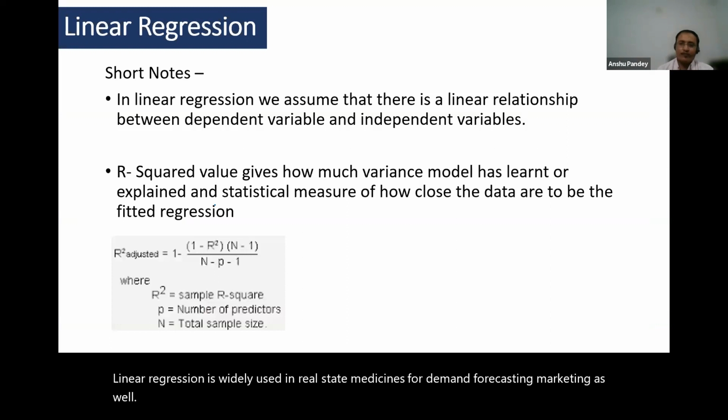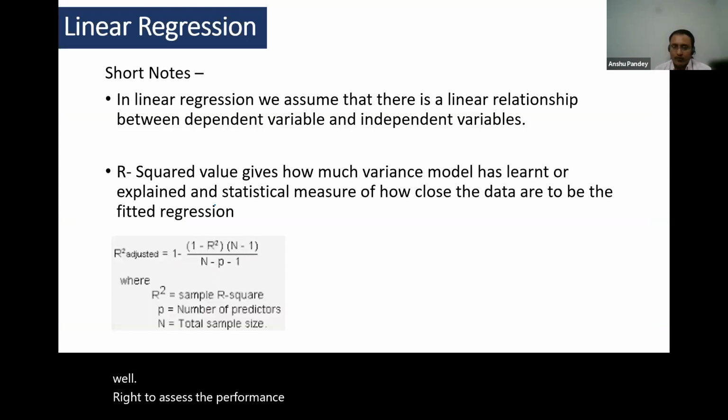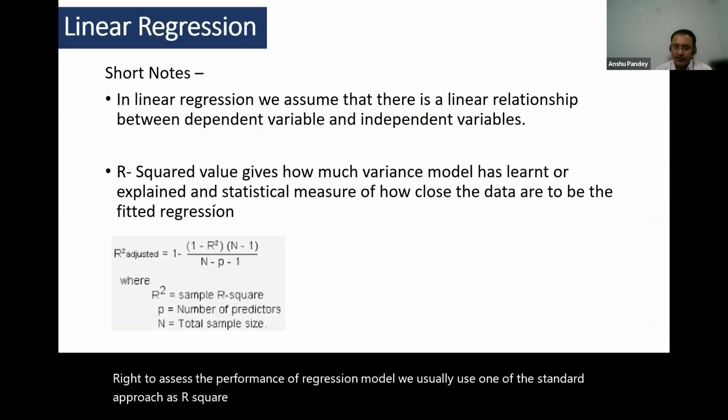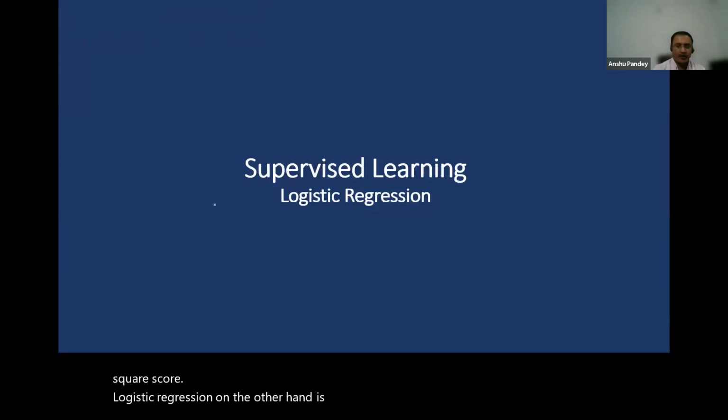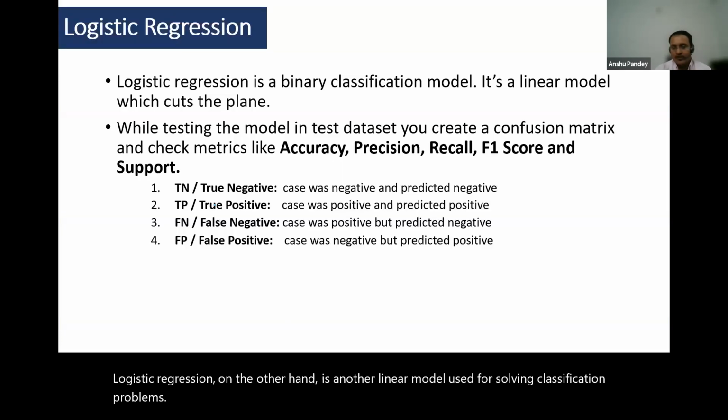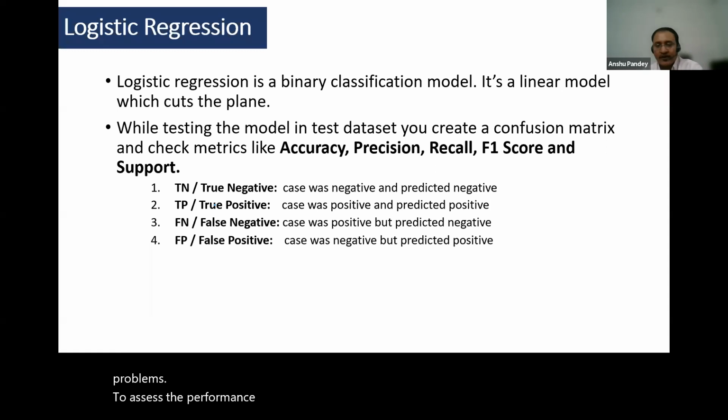To assess the performance of a regression model, we usually use one of the standard approaches, the R-square score. There's also a modified version of the R-square score, the adjusted R-square score. Logistic regression, on the other hand, is another linear model used for solving classification problems. To assess the performance of classification, we use metrics such as accuracy, recall, precision, F1 score, AUC on the ROC curve, and confusion matrix.